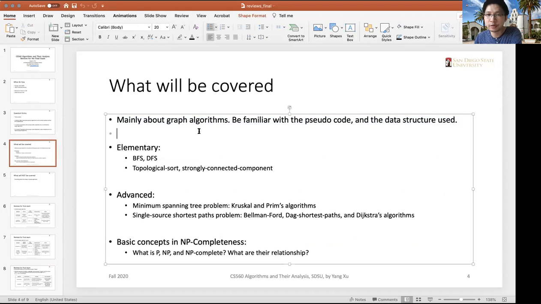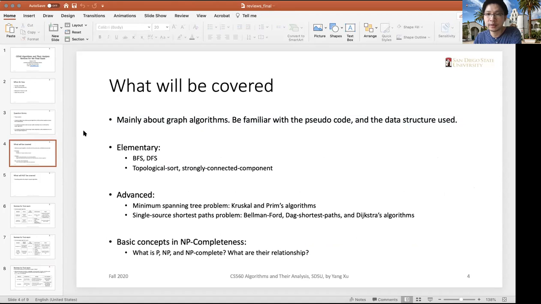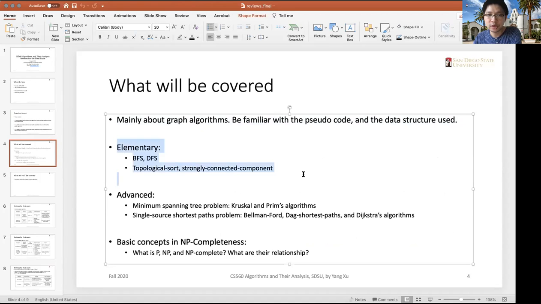Okay, so when you do the review, make sure you are familiar with the pseudocode and the data structure used. Okay, so for example, I'll list several key points here. The elementary graph algorithms include breadth first search, depth first search, and the topological sort.